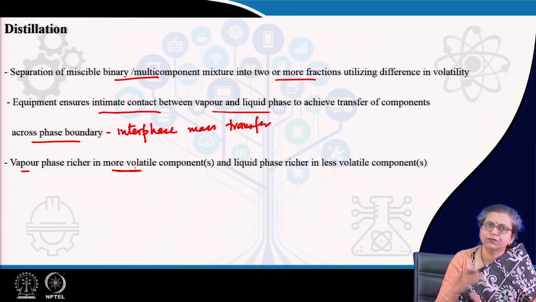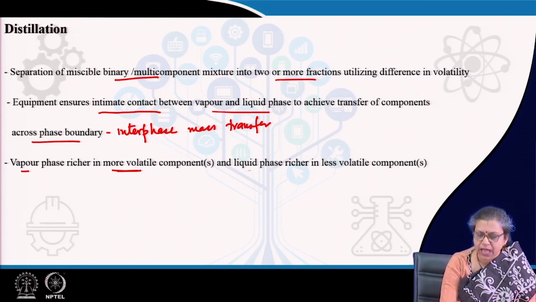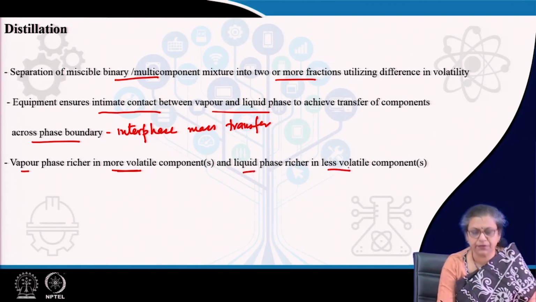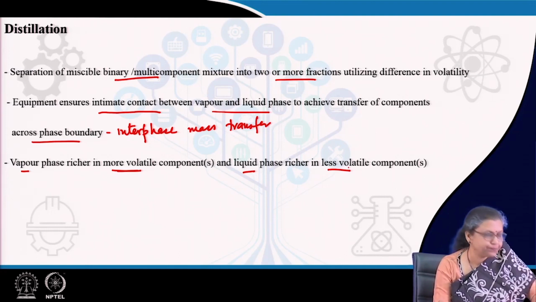As a result, after the end of the distillation process, what do we get? We get a vapor phase richer in the more volatile component and a liquid phase which is richer in the less volatile component.